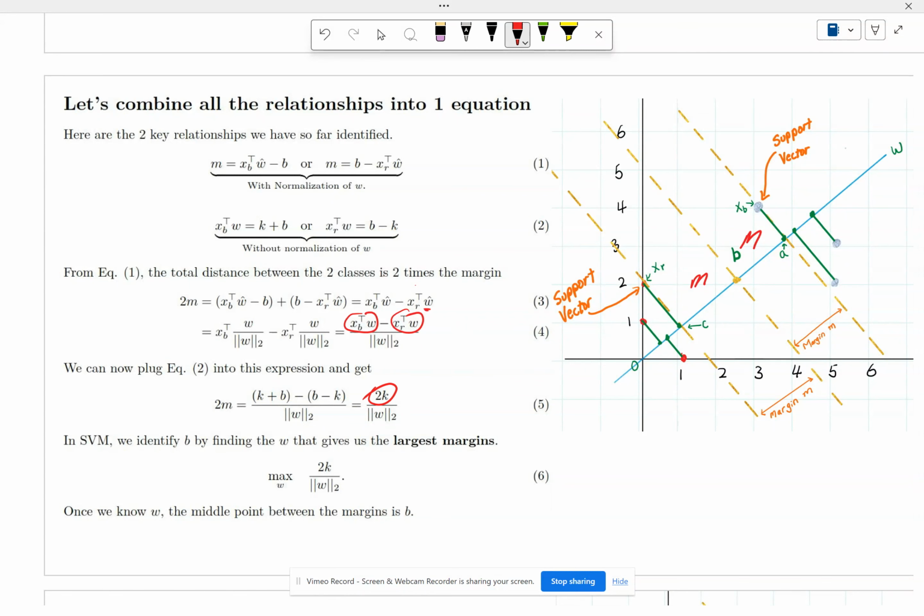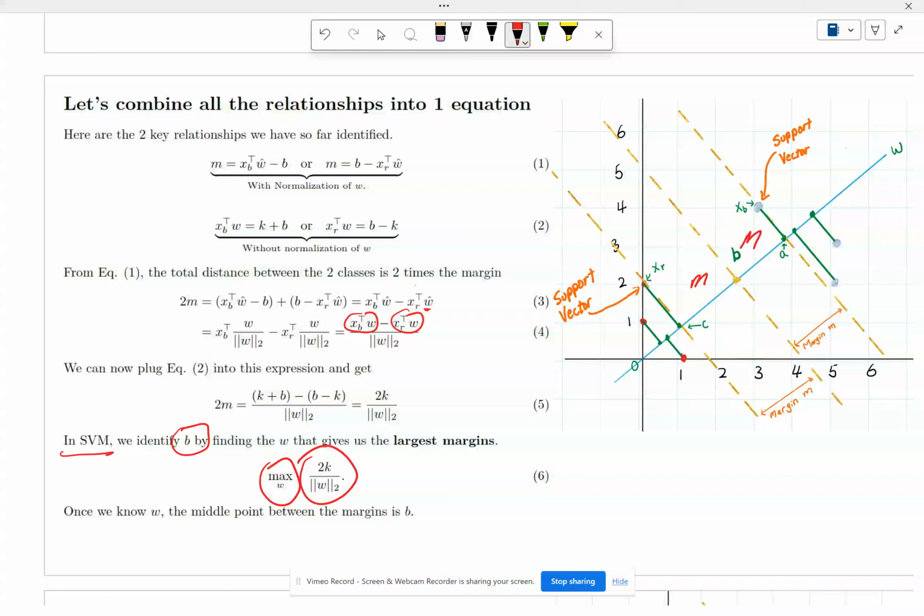So in SVM, we essentially want to identify the B such that it gives us the largest margin. This is the equation for the margin. So we want to find B, but there's no B here, right? But what we do know is we want to pick the W that makes the margin as large as possible.